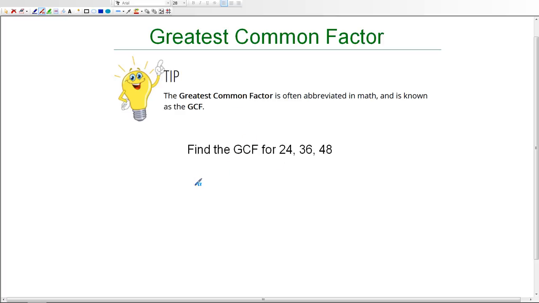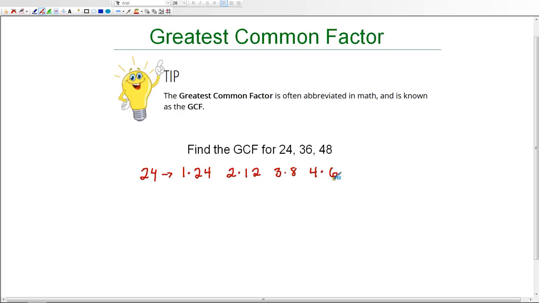So I'm going to start by finding all the factors for the number 24. We know that we can find the factors for 24 by starting with 1. So 1 times 24 is 24. 2 times 12 is 24. 3 times 8 is 24. And 4 times 6 is 24. 24 is not divisible by 5, so that is not a factor.